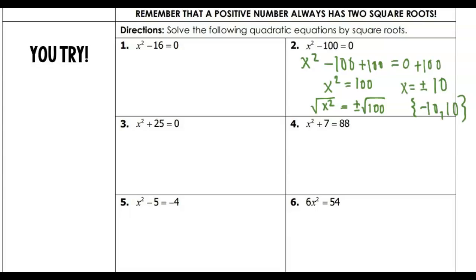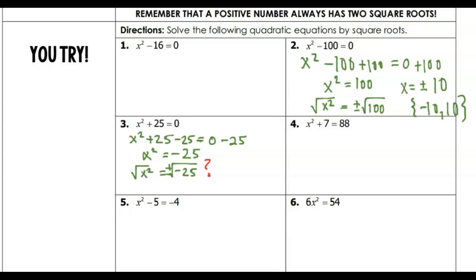We're going to jump to number 3 now, and do the same thing. We can anticipate that in order to get the x squared by itself, we subtract 25 from both sides, and then we have x squared is equal to negative 25. If we take the root of negative 25, notice there's a question here: can we take the root of a negative number?